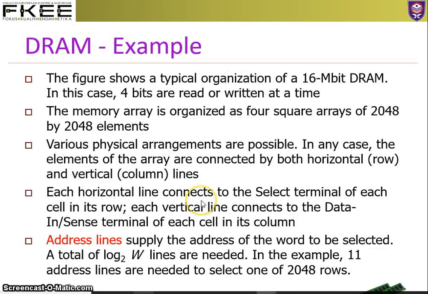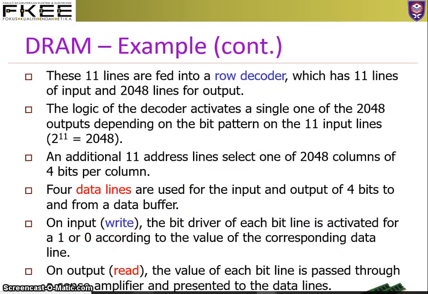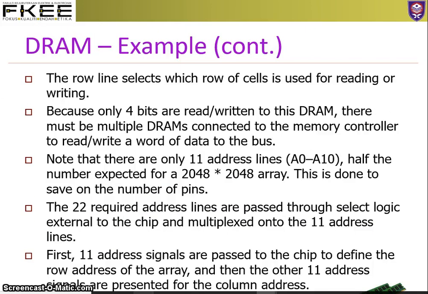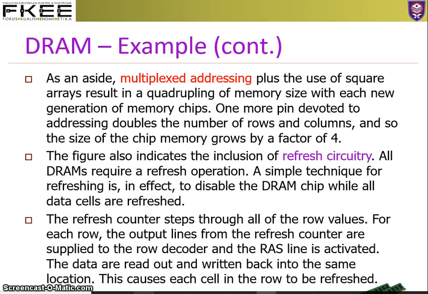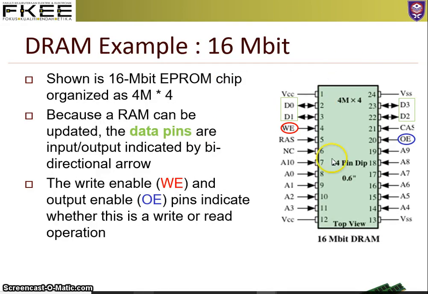You can read about it over here. This is the IC of the 16 meg DRAM, 4 meg by 4 just now, and we have data pins over here, D0 up until D3. It is bidirectional, meaning data can go in and out.